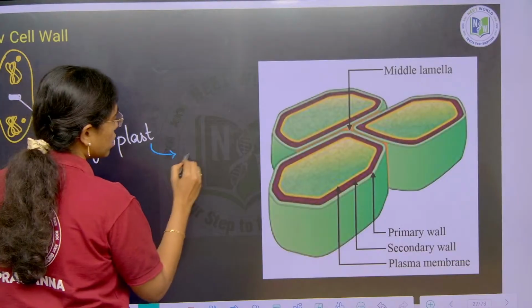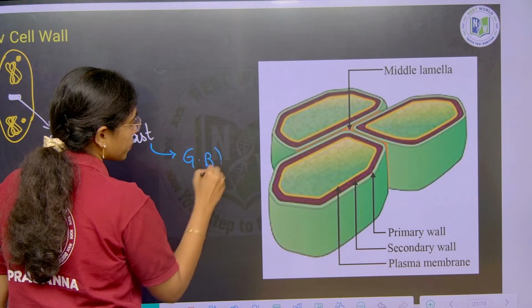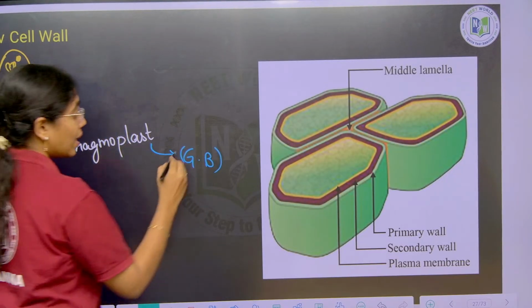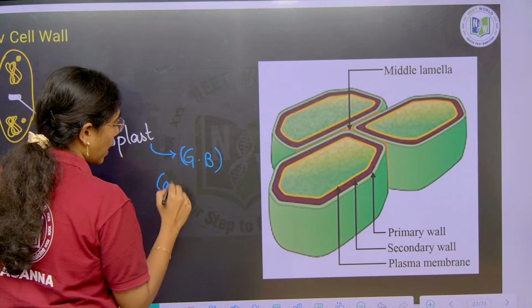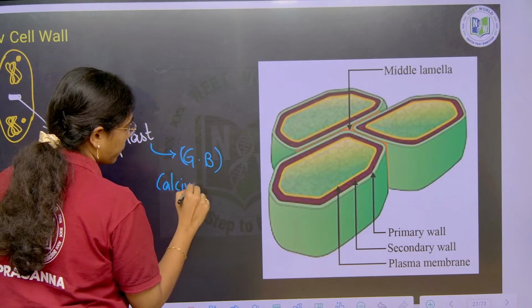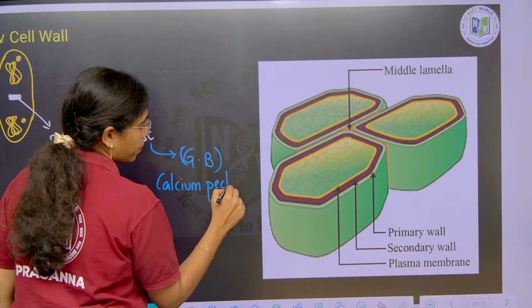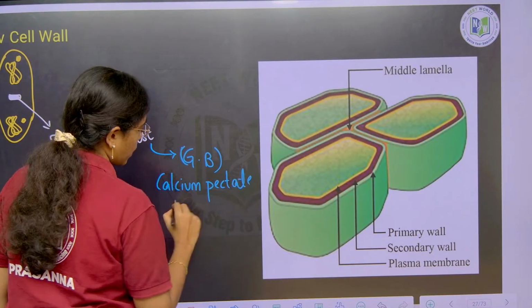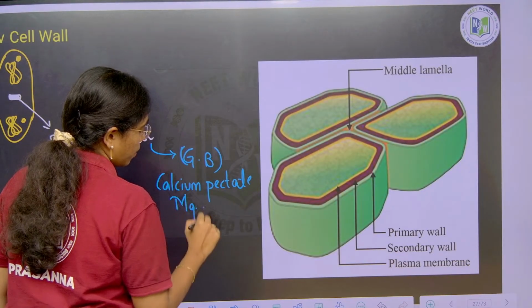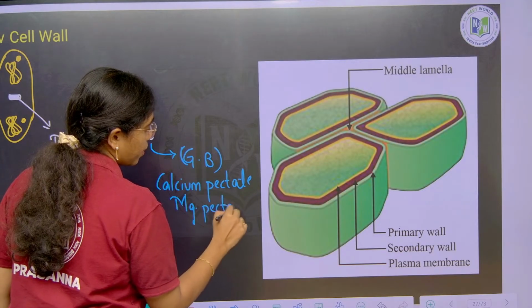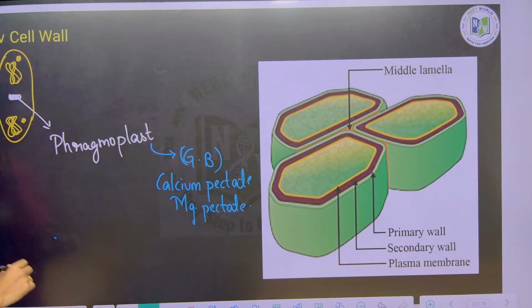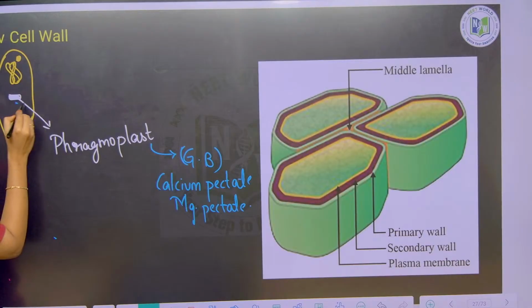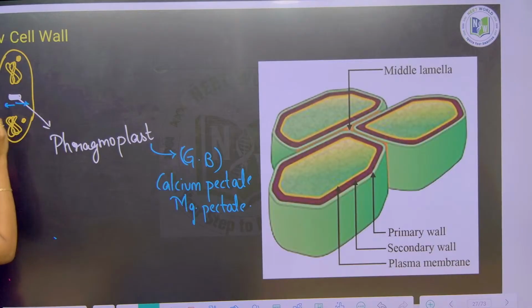From Golgi bodies, and it is rich in calcium pectate and magnesium pectate. This phragmoplast from the center, it will start moving to the periphery, and this forms into a cell plate.